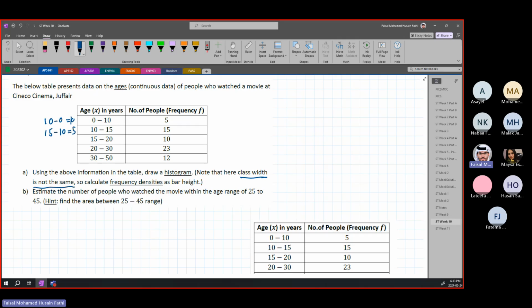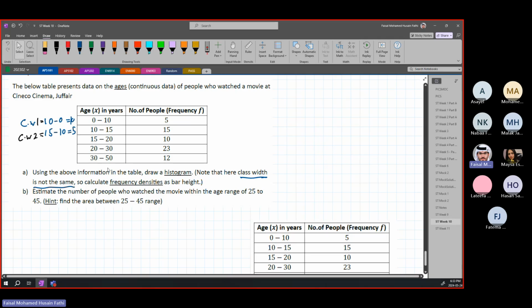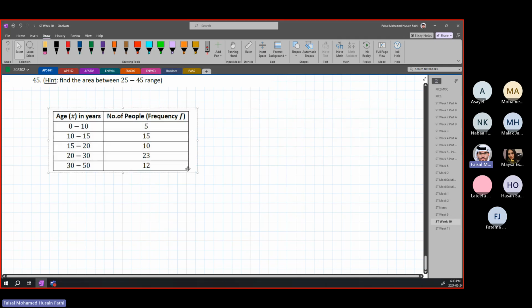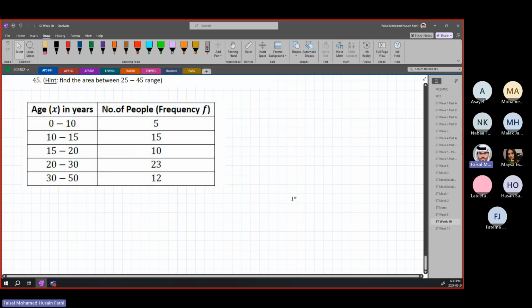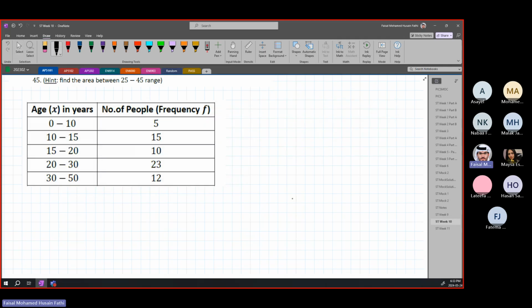So you have different class widths. So class width 1 is not equal to class width 2. They're different values. So what do you do here? First step, and before even drawing your histogram, is you're going to extend your table over here. All right.